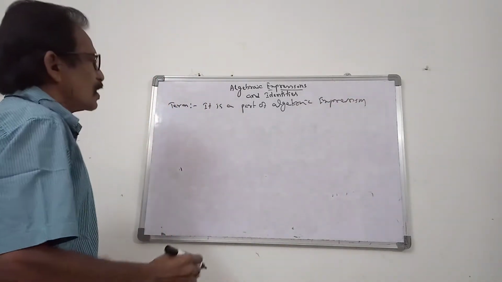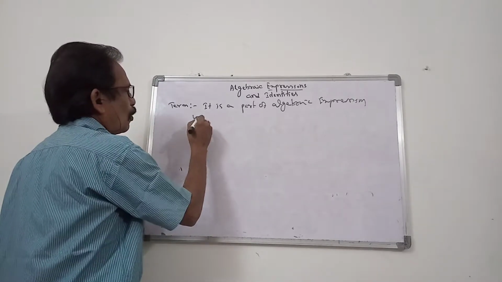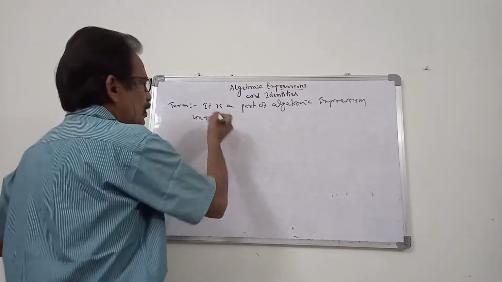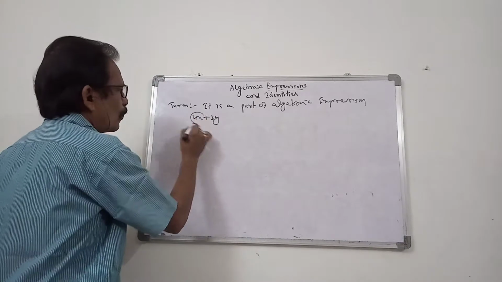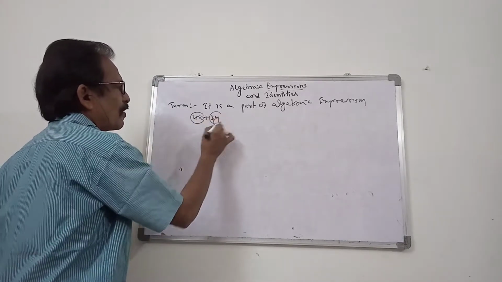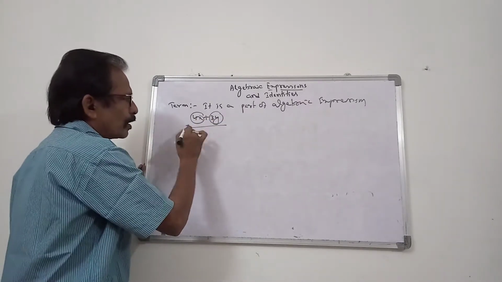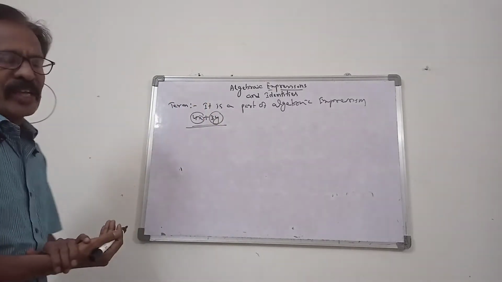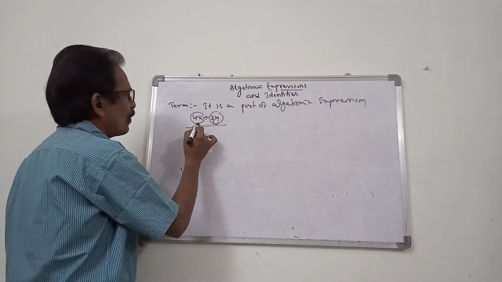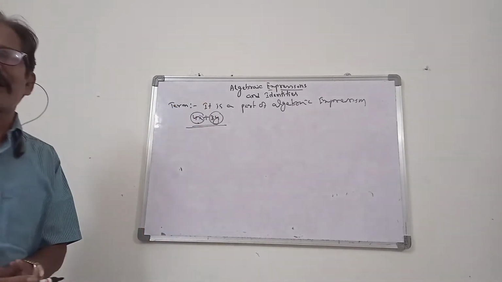As we discussed, take the algebraic expression 4x plus 3y. 4x is one of the parts and 3y is also one of the parts. Both together make the algebraic expression. So 4x is one term and 3y is also one term.